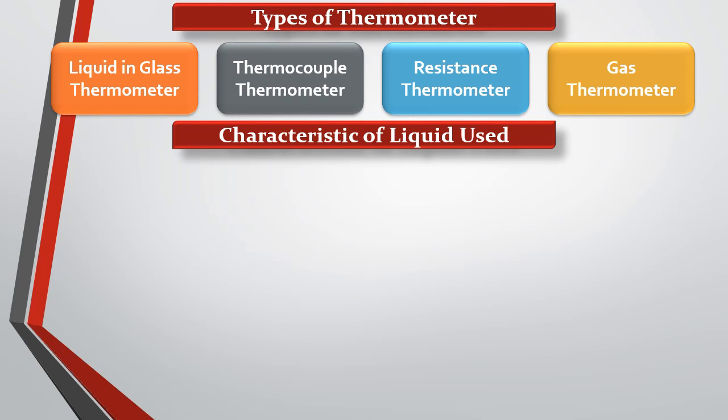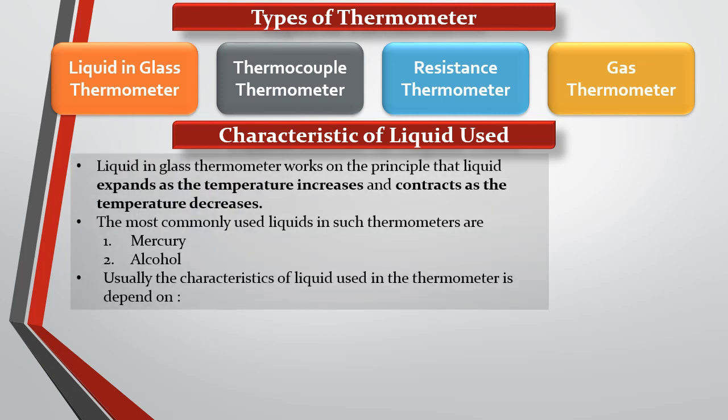Liquid in glass thermometer works on the principle that liquid expands as the temperature increases and contracts as the temperature decreases. The most commonly used liquids in such thermometers are mercury and alcohol.